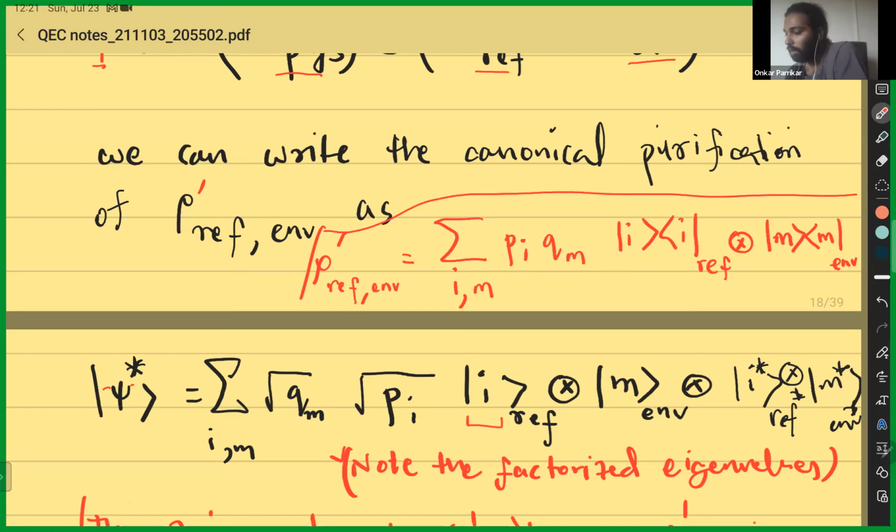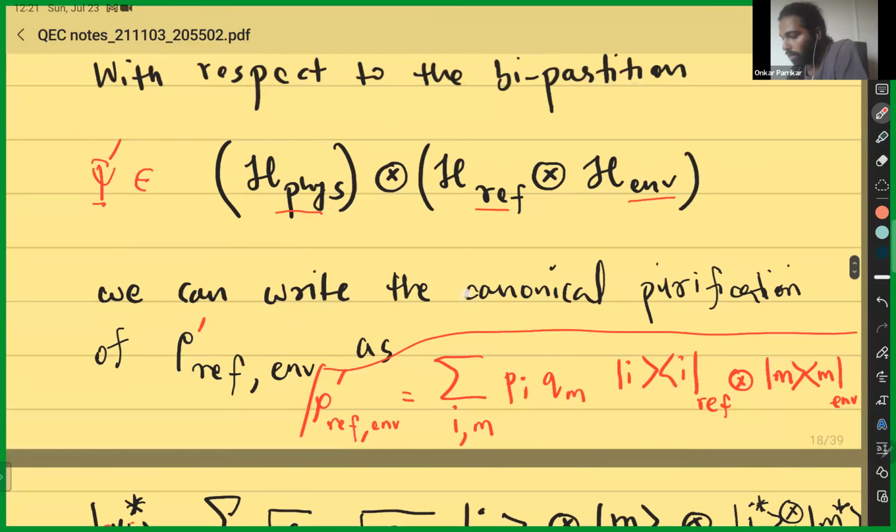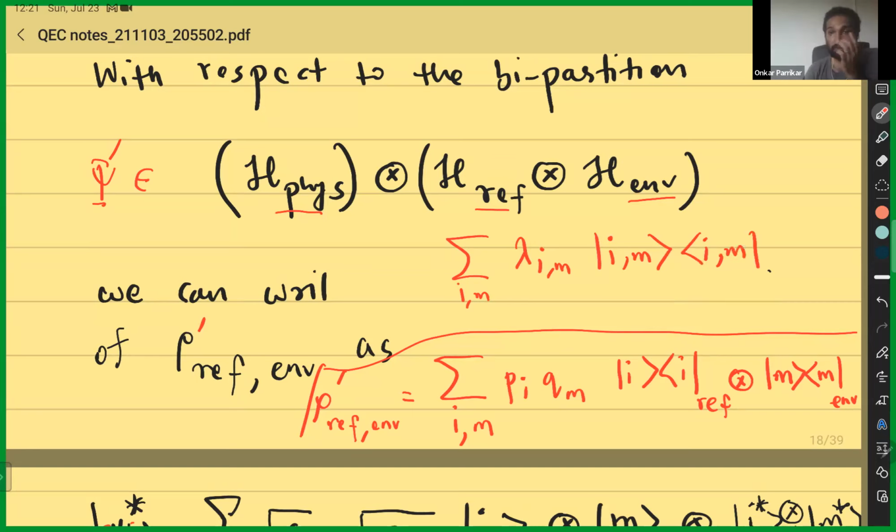What I would have to write is something like this. The more general statement is that this density matrix looks like a sum over I comma M of lambda_{I,M} times the projector on I comma M. This is the most general thing.